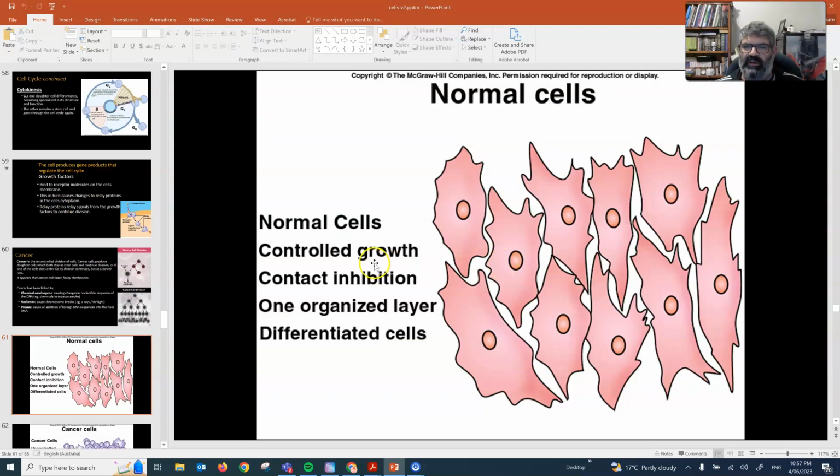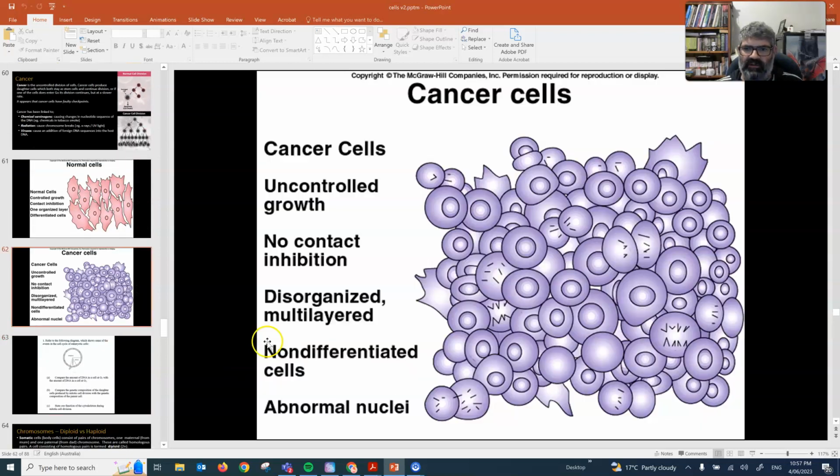So normal cells, it's controlled. If it's got an organized layer and it's full, it stops, and they're specialized. They're differentiated cells. They've got special functions. Cancer cells, however, have uncontrolled growth. They keep growing and growing. That's why cancer is usually in the form of a mass of cells.